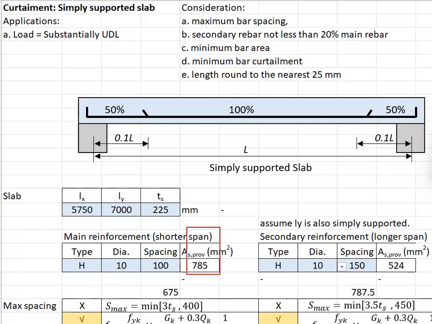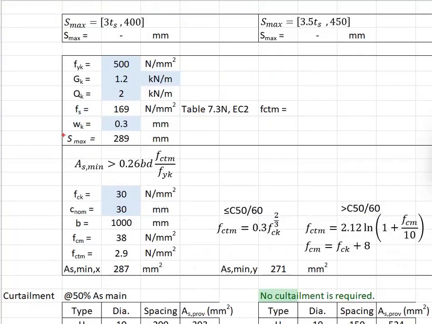First, you can check whether the As,min is fulfilled. Use this formula to do the calculation, which we have discussed in our previous video. Your b here represents the unit width of 1 meter, as the slab is typically designed on the basis of 1 meter unit width.